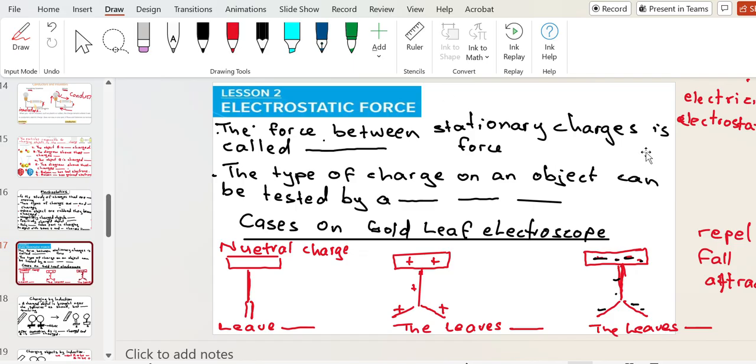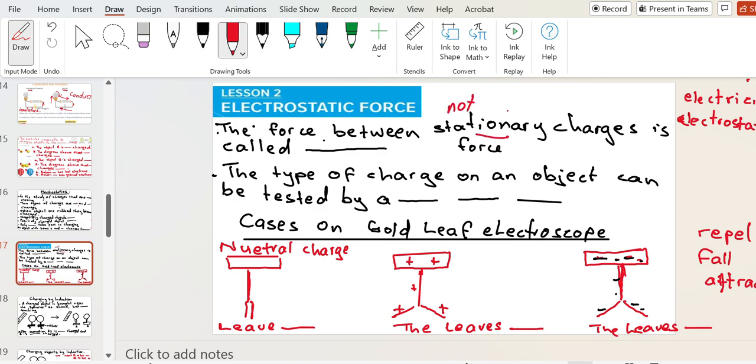The force between stationary charges is called electrostatic force. Stationary means not moving.